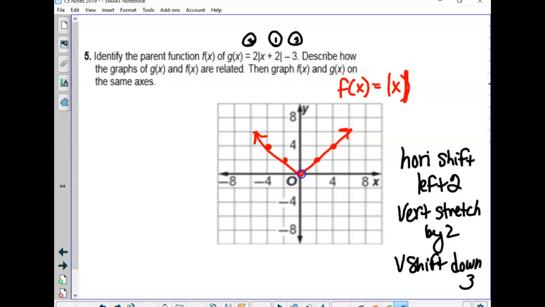this corner point here that was the V vertex at 0, 0 is shifted left 2, which remember the graph paper, it's counting by 2s, and down 3, so it's here. Now, basically, instead of all of the boxes going up 1 and over 1 box, it's going to go up 2 when it goes over 1 because it's stretched up twice as fast.